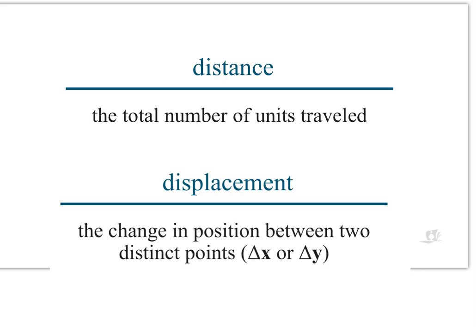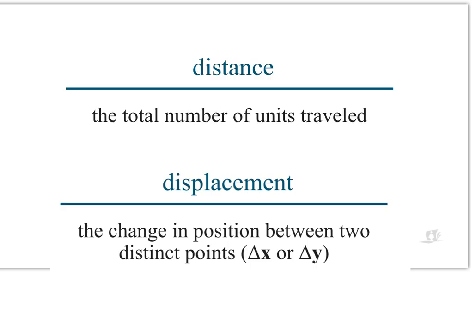So now terms that we're going to use in this first section are distance and displacement. So distance is the total number of units traveled overall. But displacement is the change in positions between two distinct points. So displacement is not necessarily going to be the same as the distance because you are then comparing two different locations when you say displacement, whereas distance, you're just talking about how far you traveled overall, whether it was back and forth.